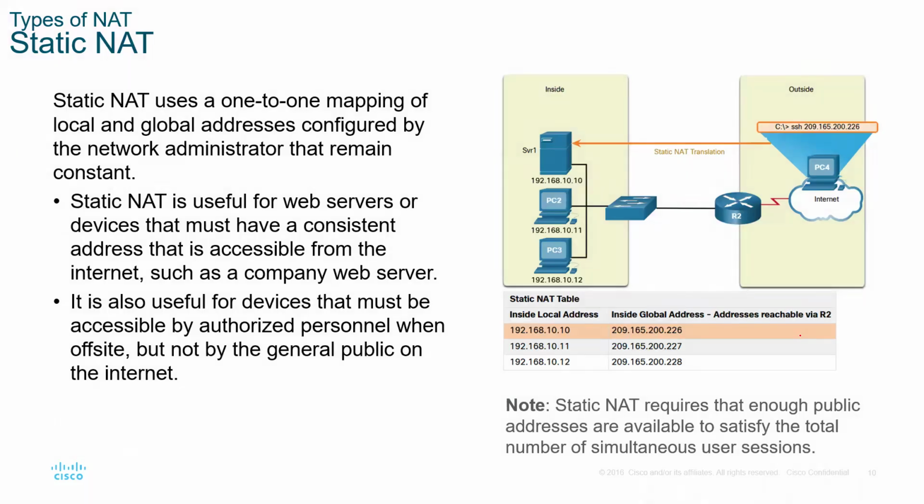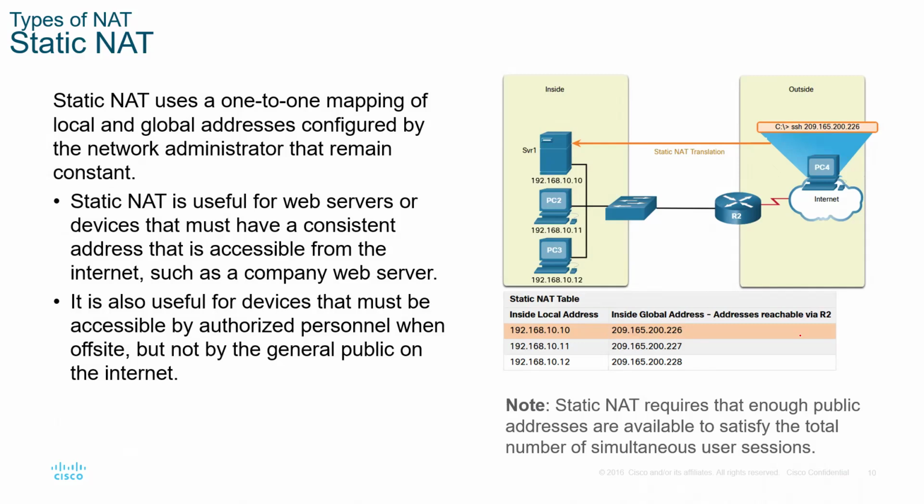Types of network address translation that we have: we have static, we have dynamic, then we have port address translation, PAT. With static NAT, we basically have a fixed one-to-one mapping of the inside local and the inside global address.